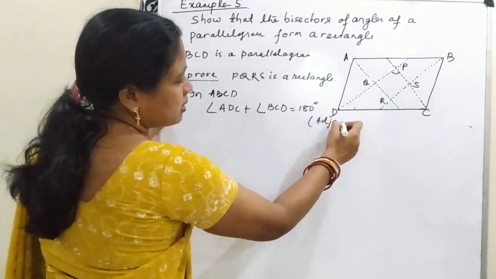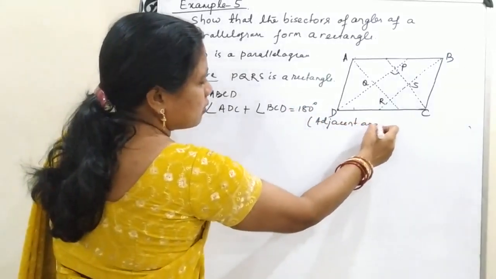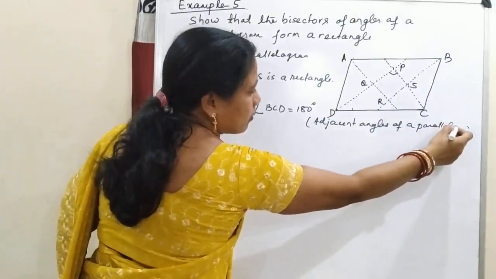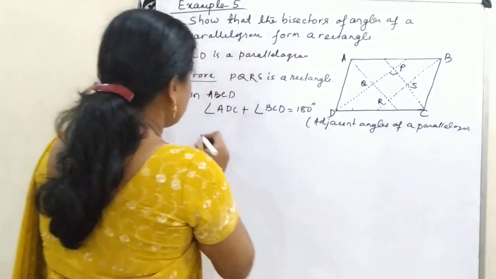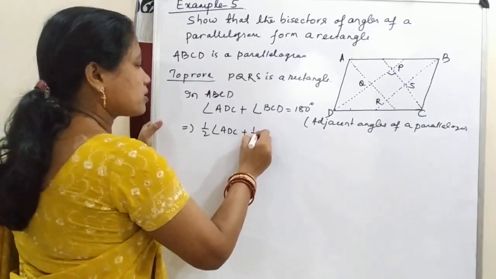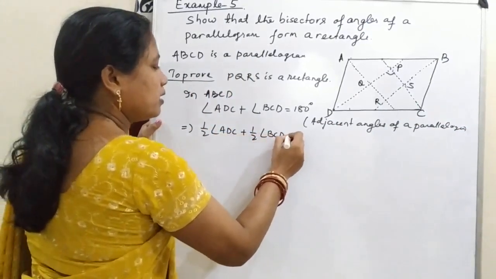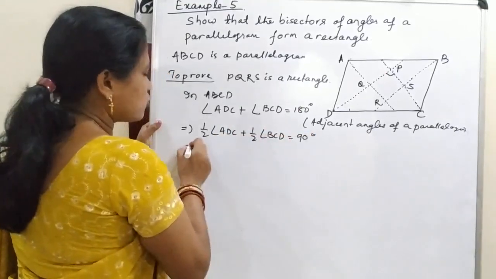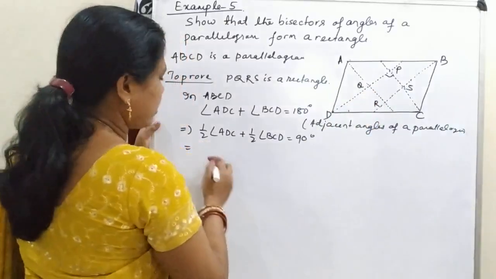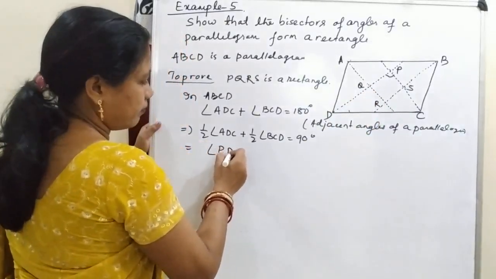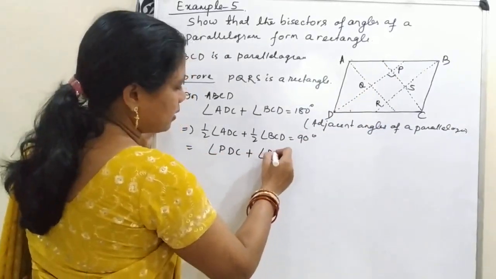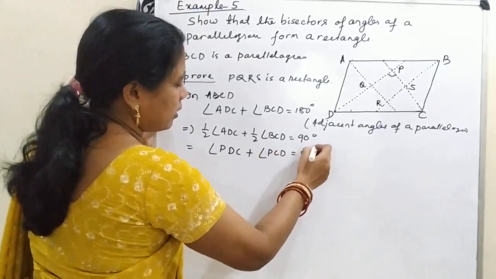These are adjacent angles of a parallelogram. So half of angle ADC plus half of angle BCD is equal to 90 degrees. Since DP is the angle bisector, half of angle ADC is PDC, and half of angle BCD is PCD, so PDC plus PCD is equal to 90 degrees.